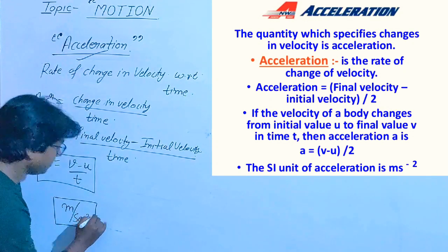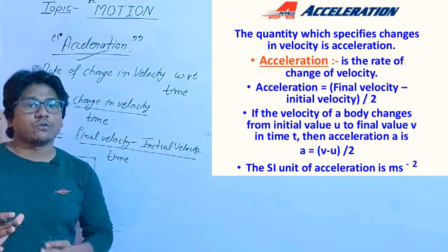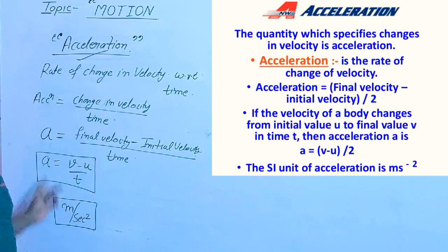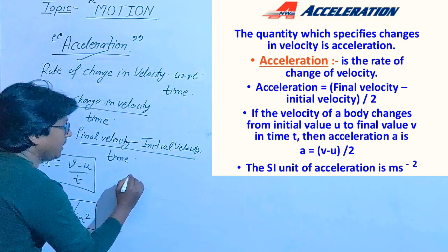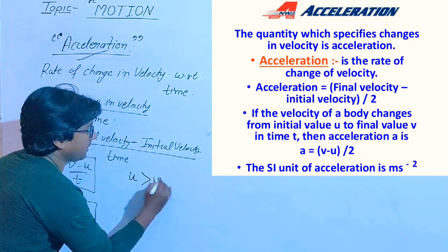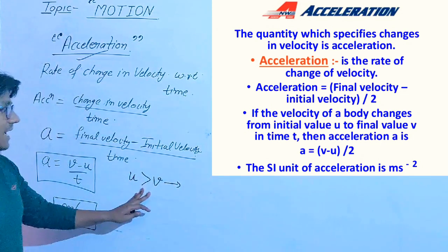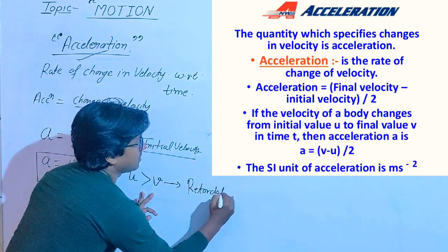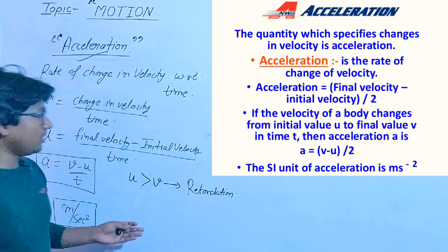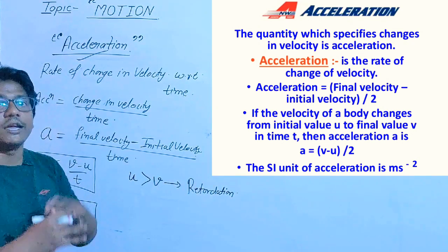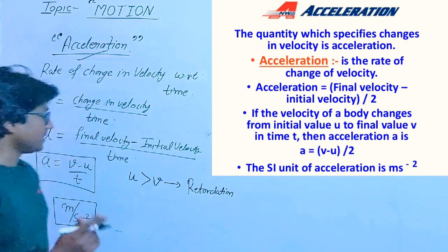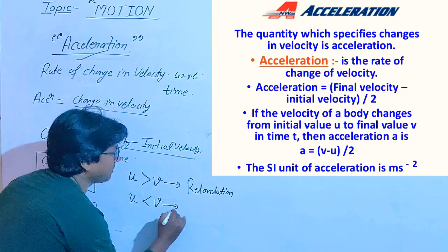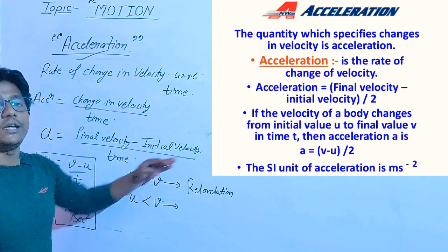Meter per second square. One case we also have to notice: if initial velocity is greater than the final velocity, it is the case of retardation, where the object is stopping or reducing its velocity. But if the initial velocity is lesser than the final velocity, it means that gradually the velocity increases.